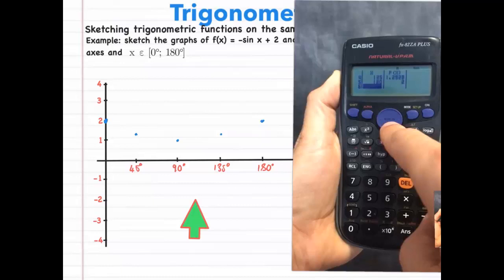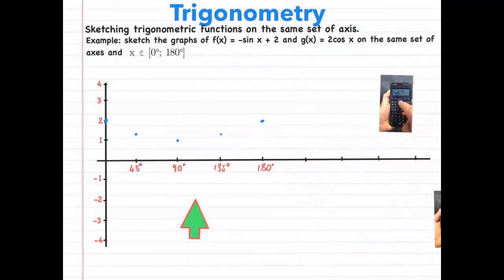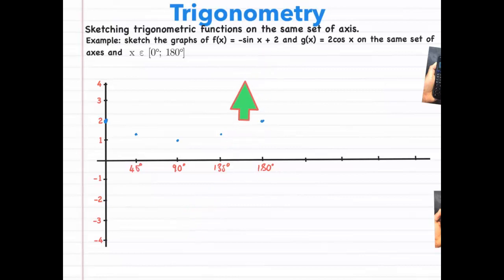Now please remember, I'll just quickly put away my calculator, because we already plotted all those points. I'll quickly remind you, a negative sine function will start, and then we will go down. I'll draw it quickly up here. So we will start, we will go down, up, and turn. But now we are not going to have that second turn, because we're not going all the way to 360.